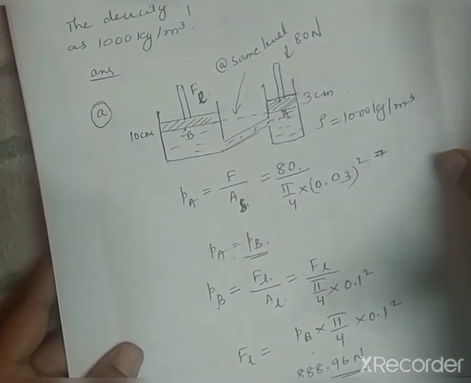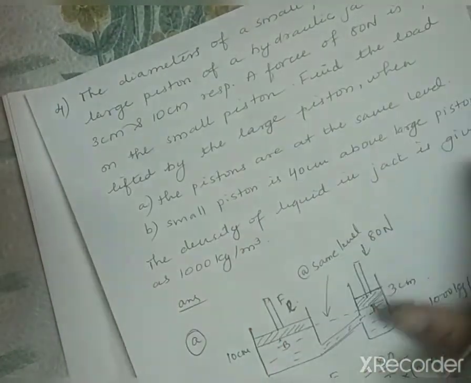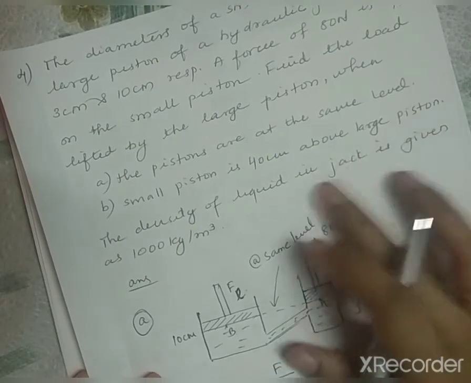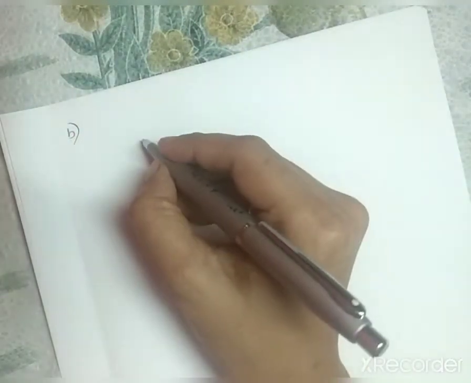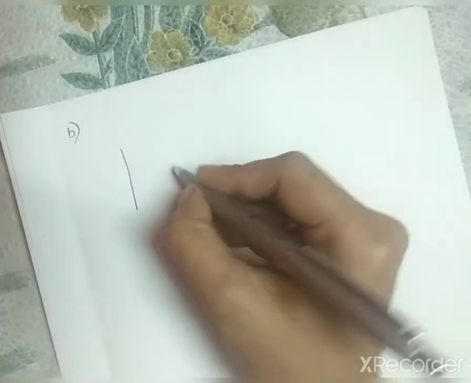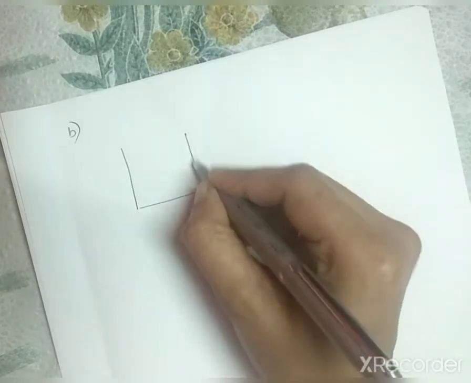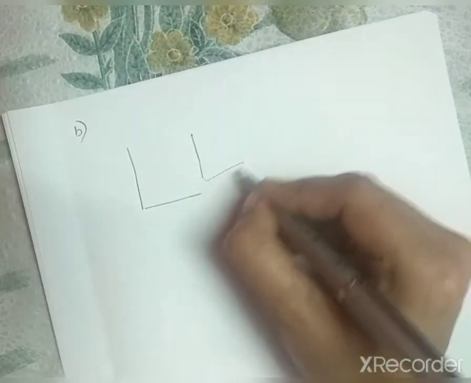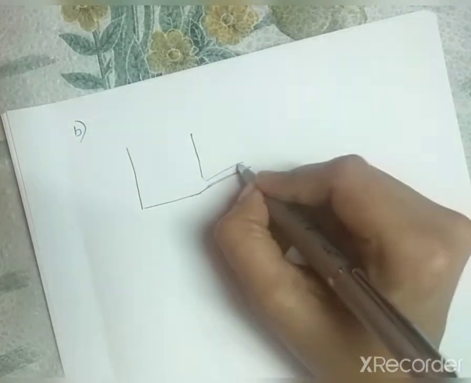The next part is, the small piston is 40 centimeter above the large piston. So I have to draw a figure. For the B part I am drawing again the larger piston, connecting it with the smaller piston.